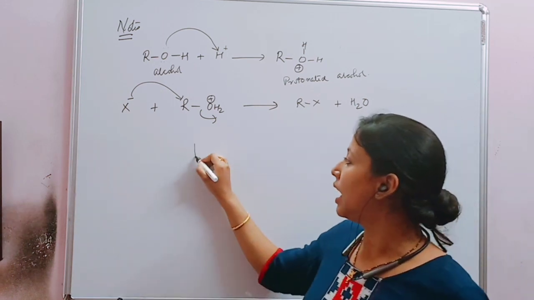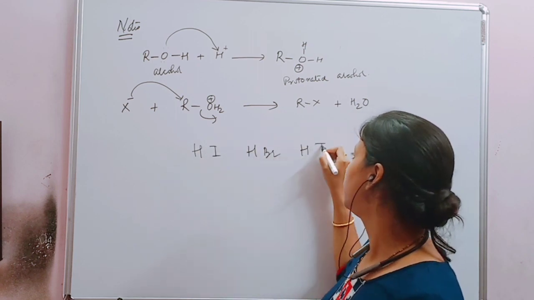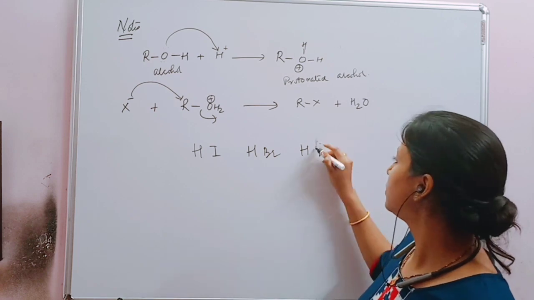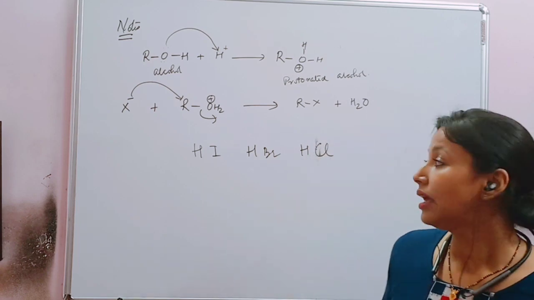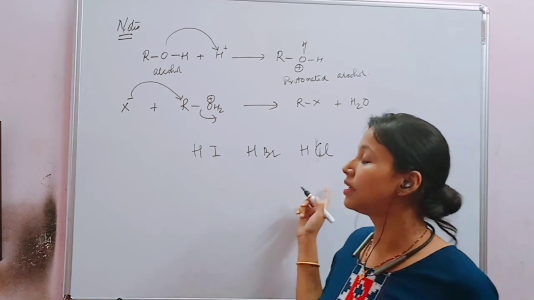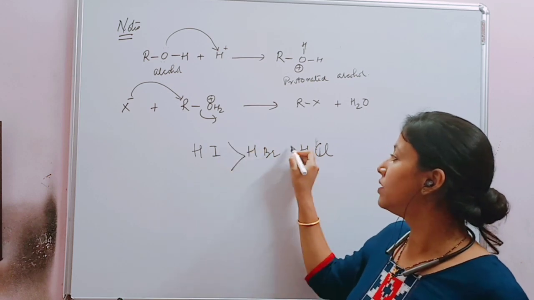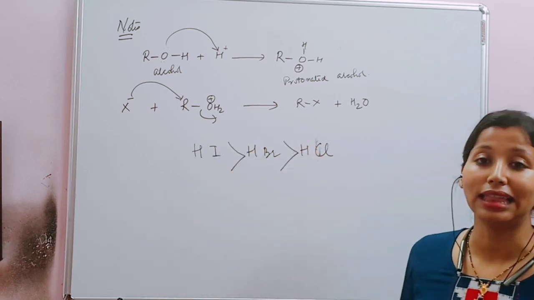We have hydrogen iodide, hydrogen bromide, HCl. The order of reactivity of these hydrogen halides towards any alcohol is HI is more reactive, then HBr, and then HCl.